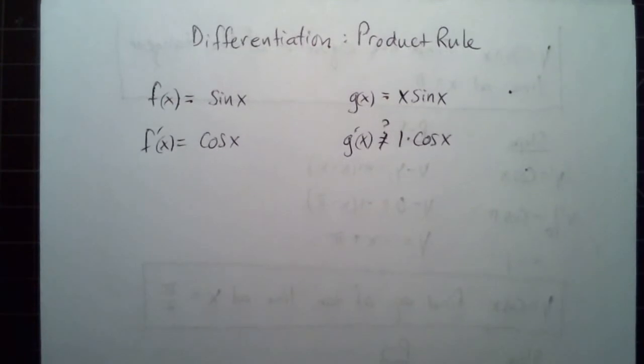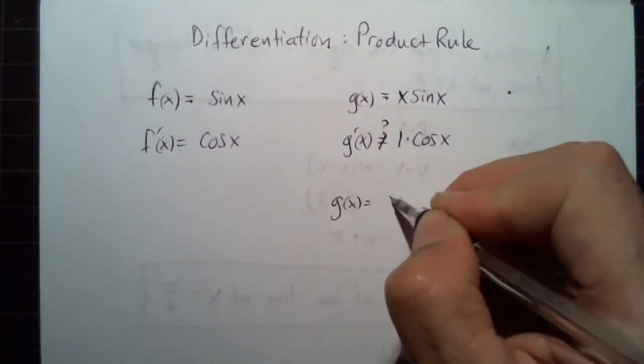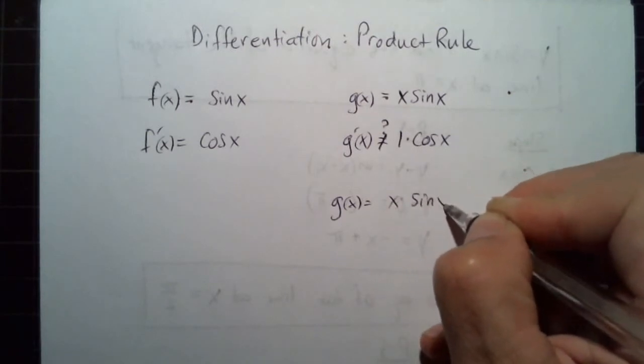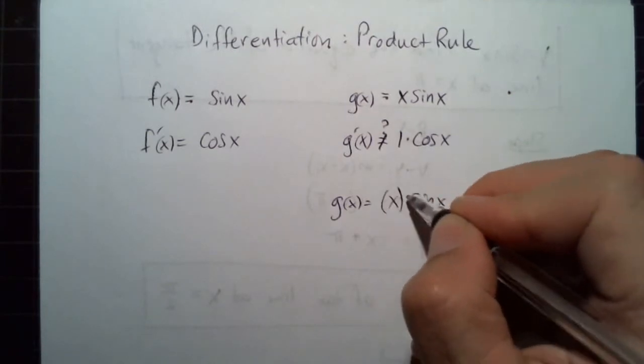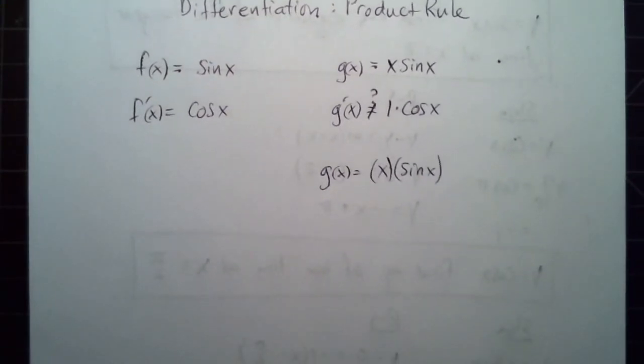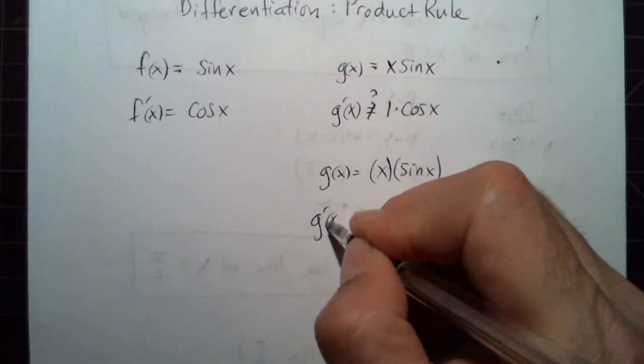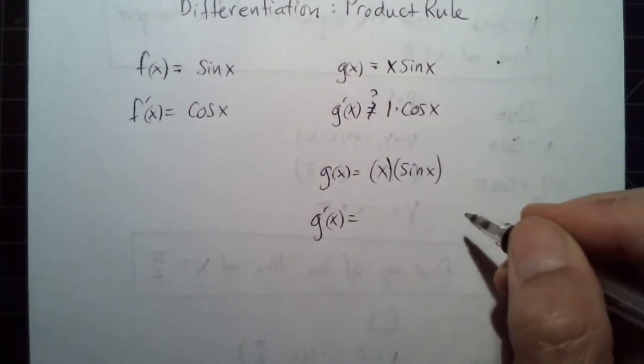We have a rule for this, and if we have g of x equals x sine x, it might be helpful to identify the two factors of the product, because we're going to use those, we're going to move those around.